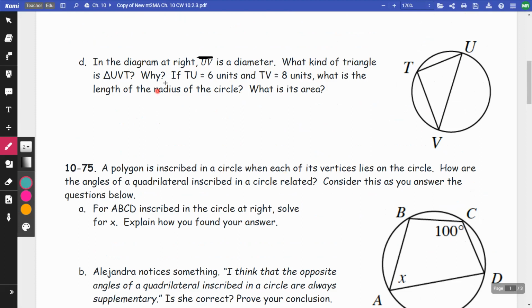So on D, in the diagram at the right, UV is a diameter. We want to know what kind of triangle triangle UVT is. We also want to know why. Then if we know TU is 6 and TV is 8, what is the radius and what is the area?